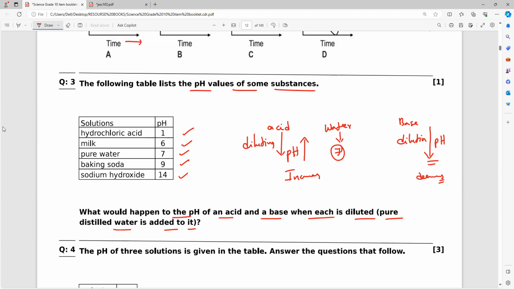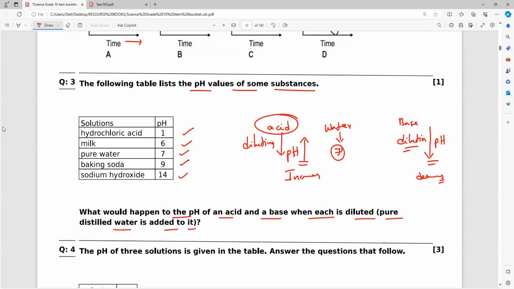That is what you have to remember. Because by diluting, acid becomes diluted acid, and by diluting, base becomes diluted base. But diluted acids have a greater pH compared to strong acids. In the same way, strong bases have a greater pH compared to diluted ones, the opposite.